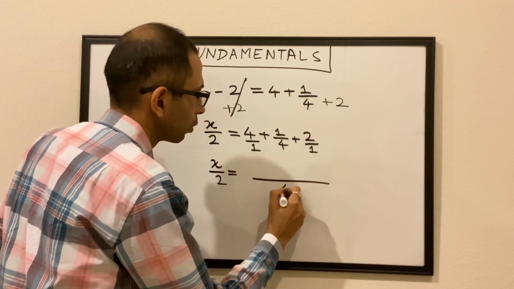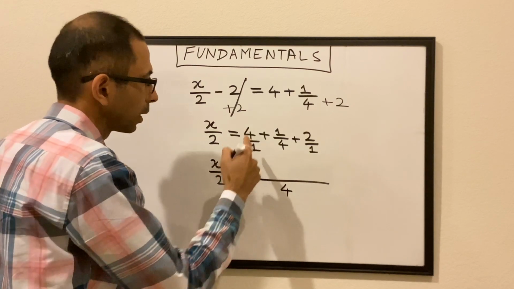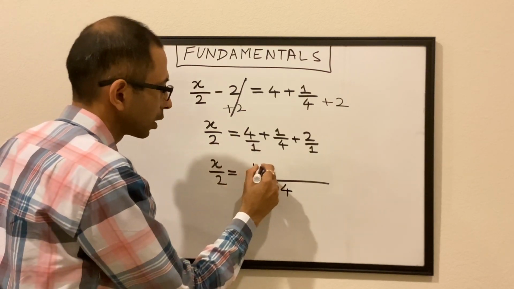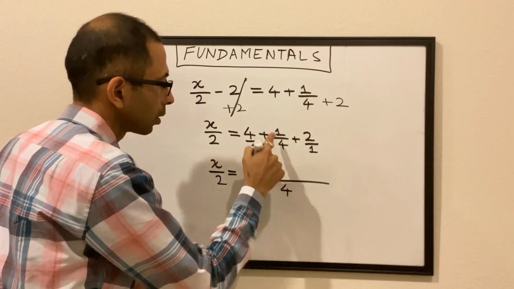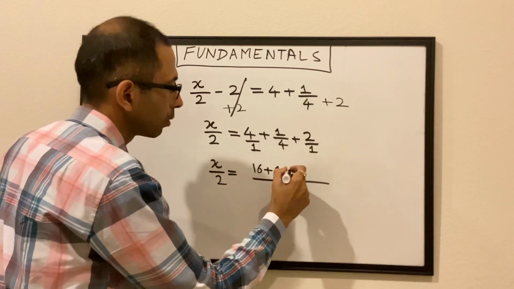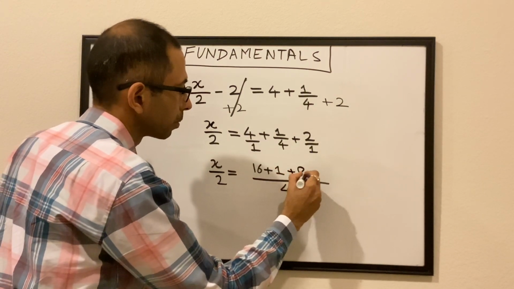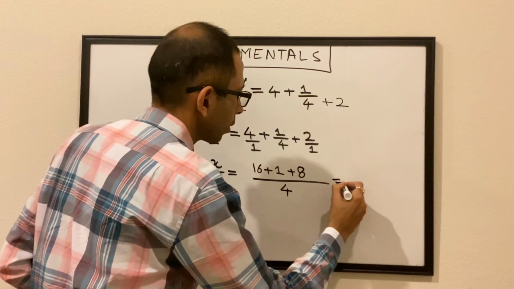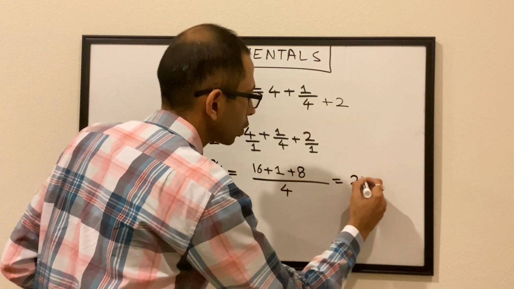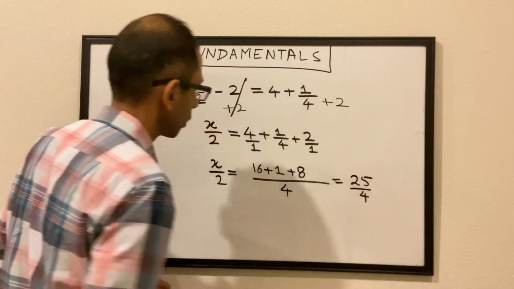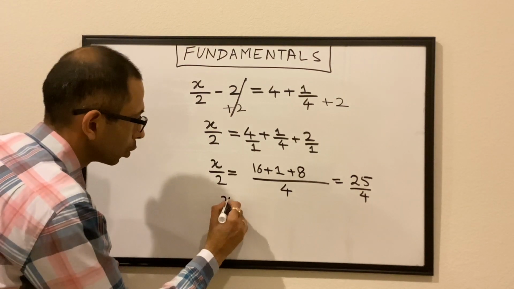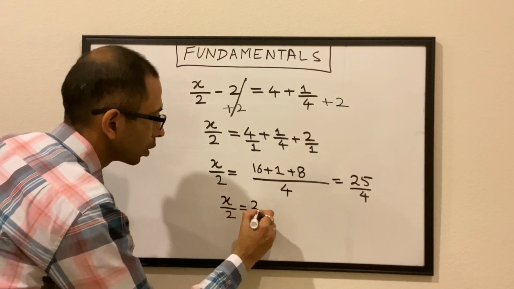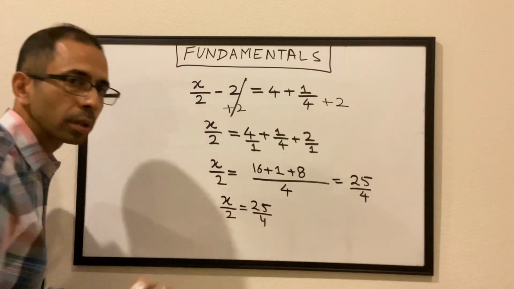So the common denominator would be 4, and this term will become 4 times 4, which is 16. This term will be 1, and this term will be 8. Finally we get 25 over 4, right? So x over 2 is equal to 25 over 4, correct?